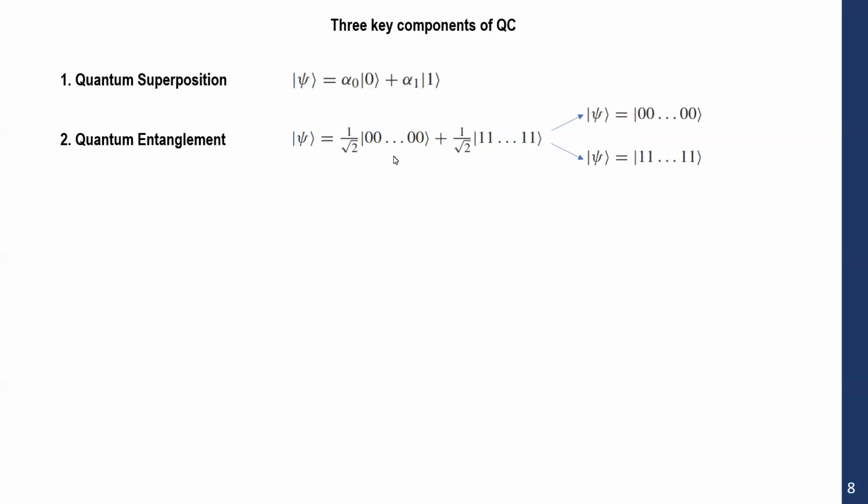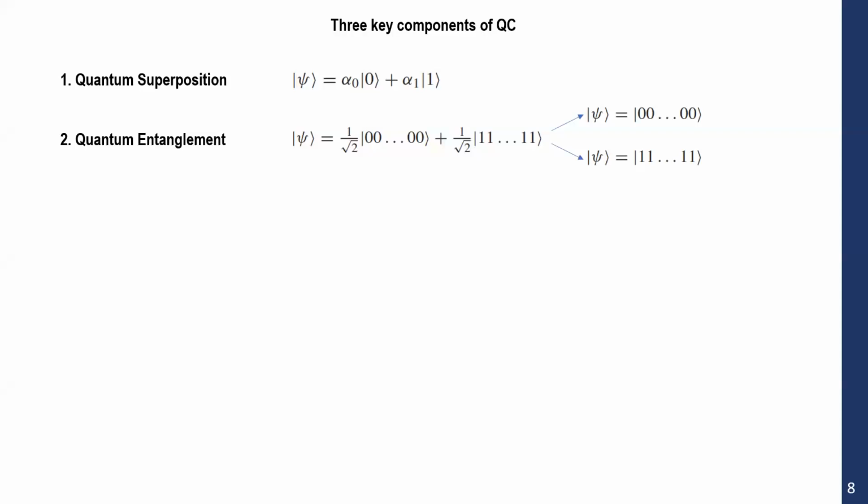And from this state, for example, you can physically imagine a system of n qubits, like an array of qubits. And if you prepare this state, either 0000 or 1111, so it's like a ground state or excited state or something else, and you measure the system, the entire system collapses into one of the possible states.